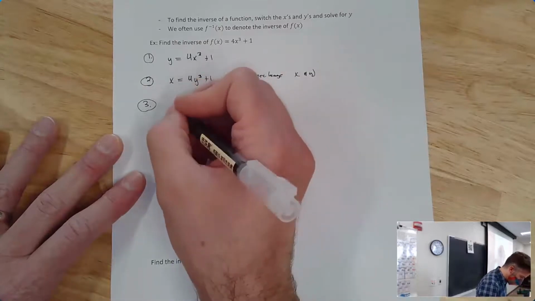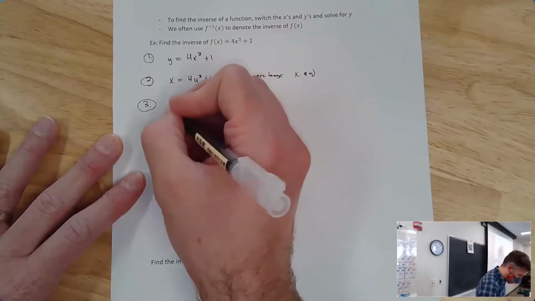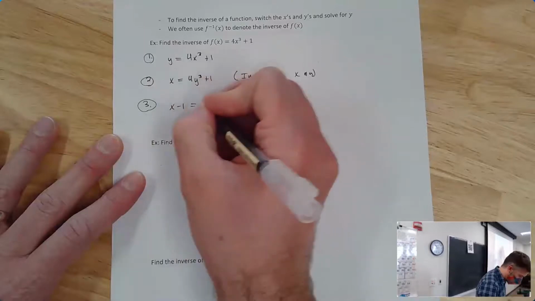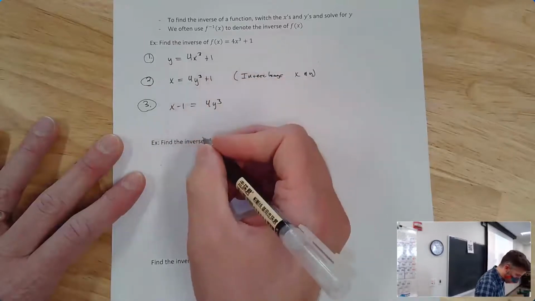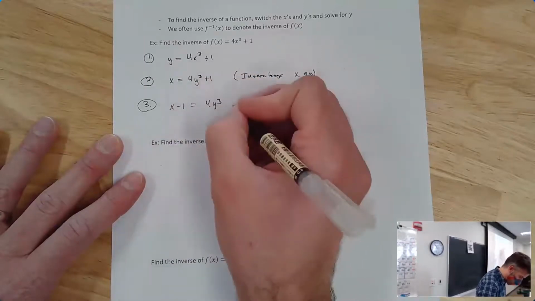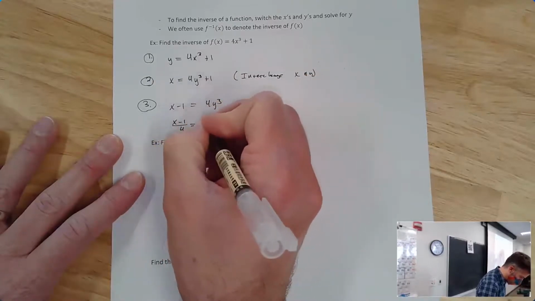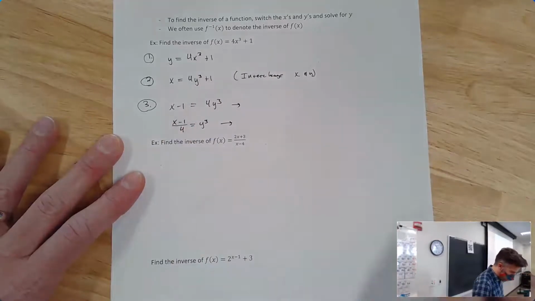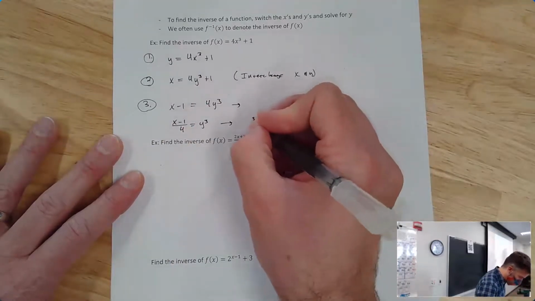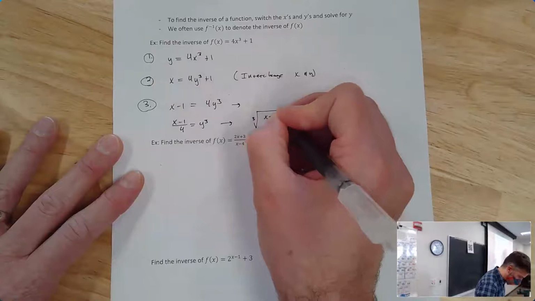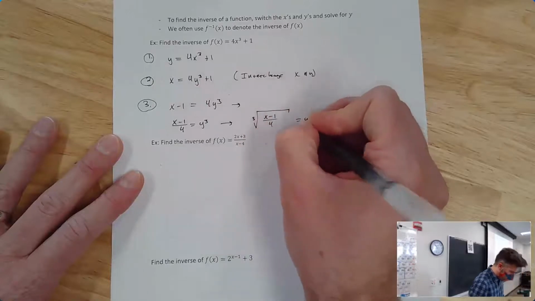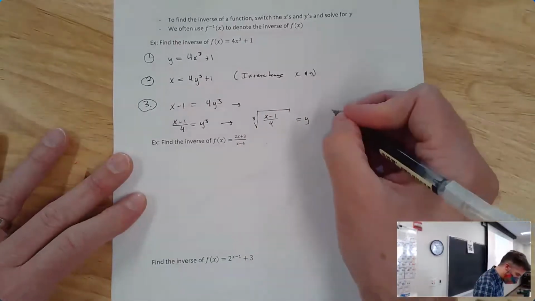So I'm going to try to isolate y. I'm going to subtract 1 from both sides. I'm going to divide both sides by 4. So (x minus 1) divided by 4 equals y cubed. And then I'm going to take the cube root of both sides. So I'm going to get the cube root of (x minus 1) over 4 is equal to y. That's our solving step.